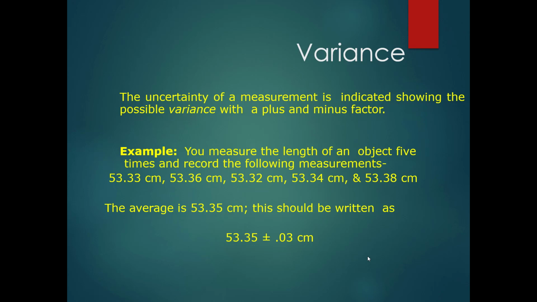The lowest reading is 53.32 centimeter, and the highest reading is 53.38 centimeter. So at the lower side you have minus 0.03 centimeter, and at the higher side plus 0.03 centimeter variance. So the reading should be written as 53.35 plus minus 0.03 centimeter.